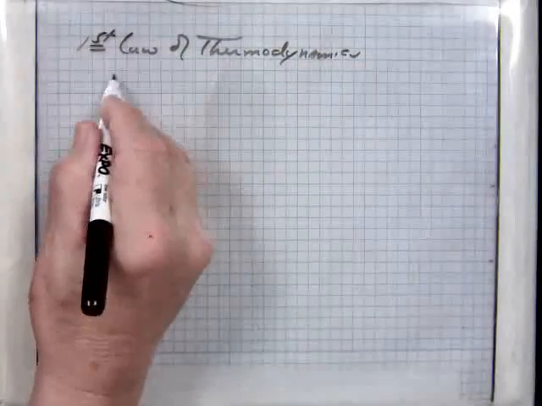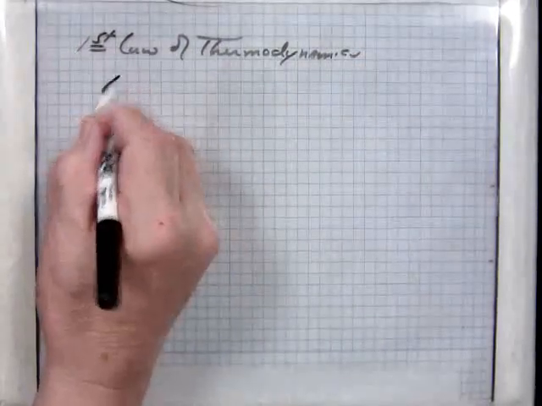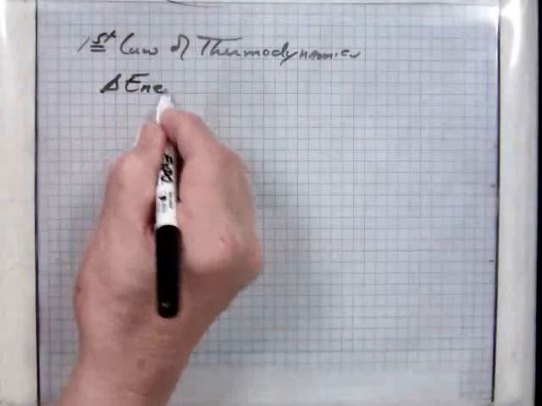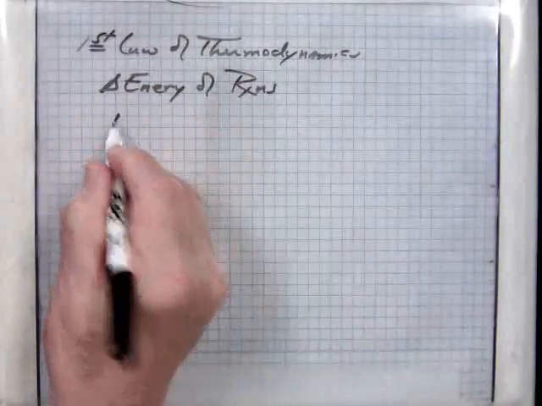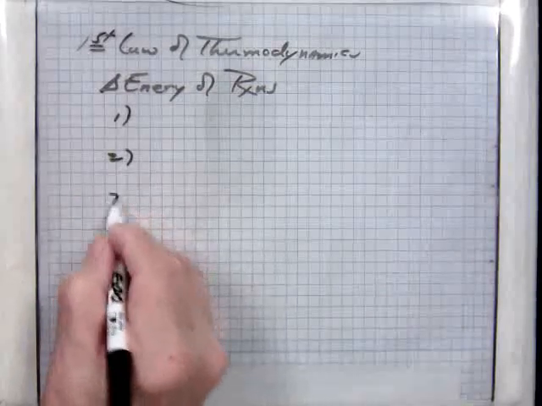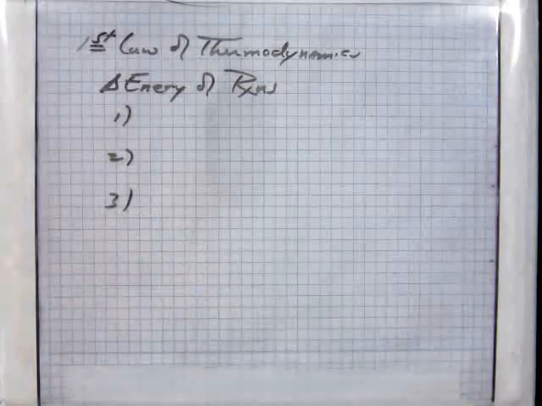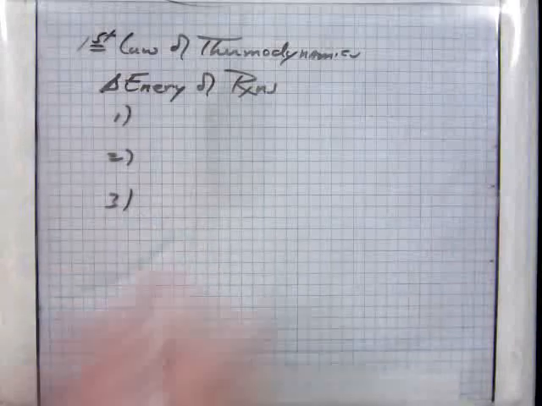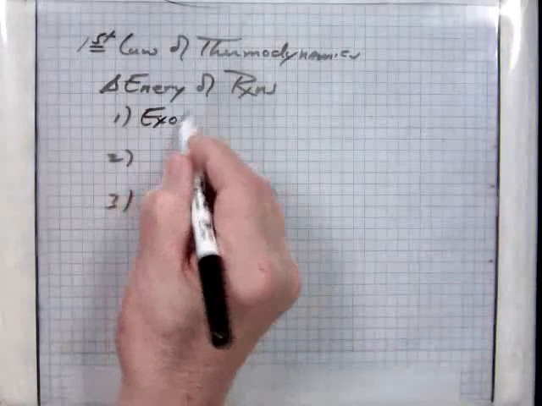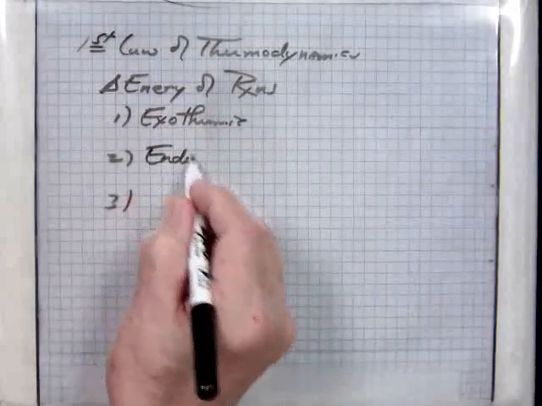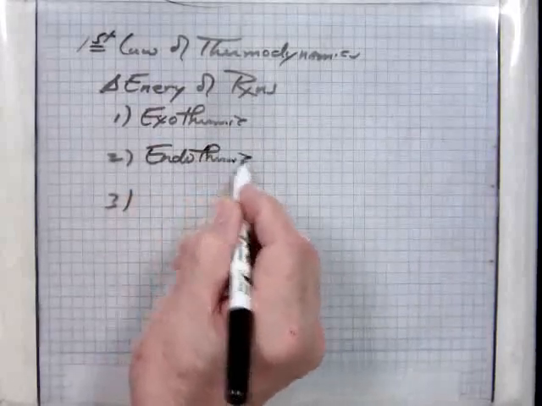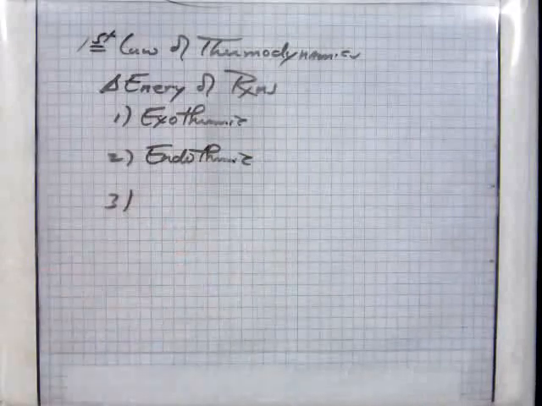And this is dealing with the change in energy of reactions. And there are actually three changes that occur. One is exothermic, another is endothermic, and the third is isothermic.